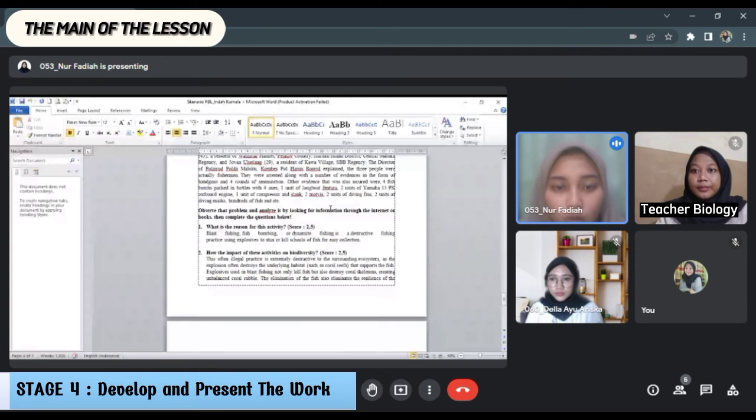Number one, what is the reason for this activity? Blast fishing, fish bombing, or dynamite fishing is a destructive fishing practice using explosives to stun or kill schools of fish for easy collection.